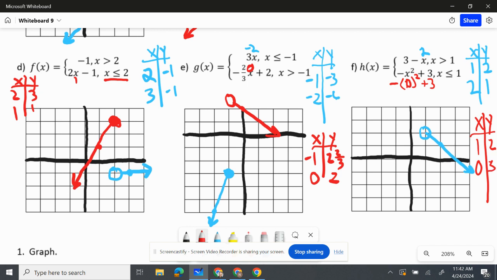And then when I plug in a negative 1, negative 1 squared is 1. That's negative 1 plus 3, which is 2. So I have 1, 2. I fill in the open circle, 0, 3, and then negative 1 and 2. And this one kind of looks a little bit like a fishhook.